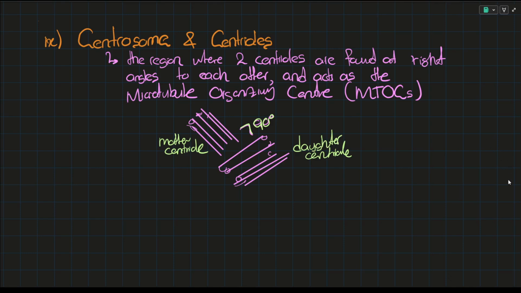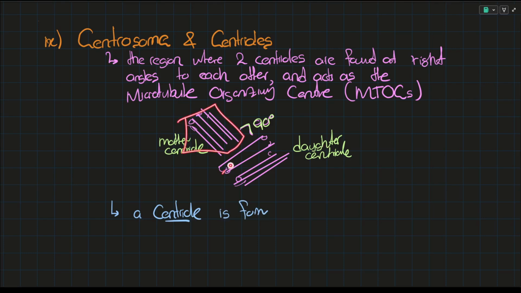Okay, now we know what a centrosome is. Now onwards to figuring out what exactly a centriole is in more detail. A centriole is simply formed, so we're talking about one unit.